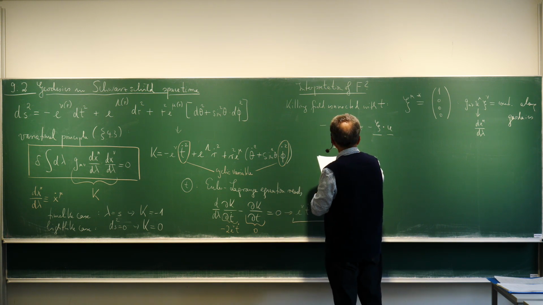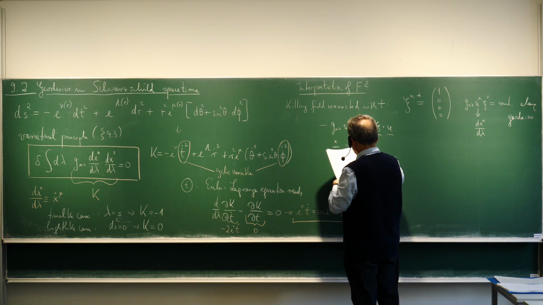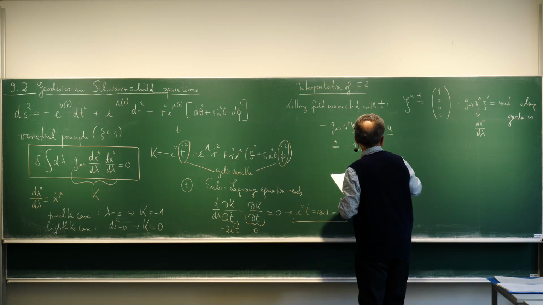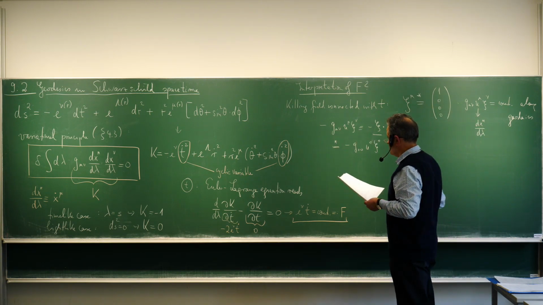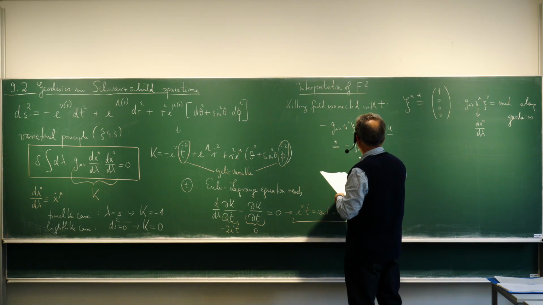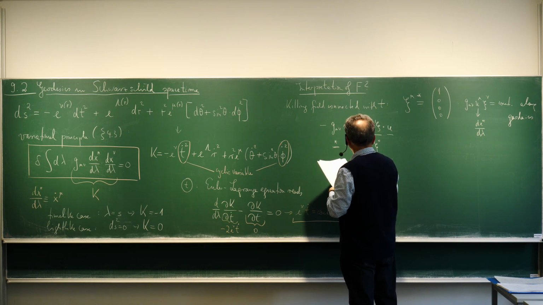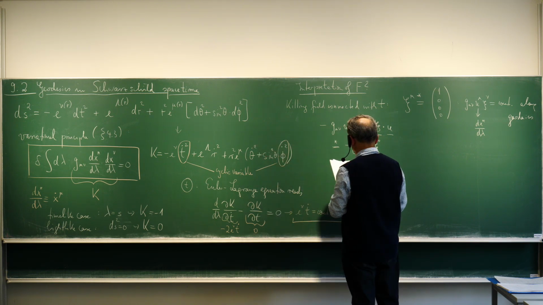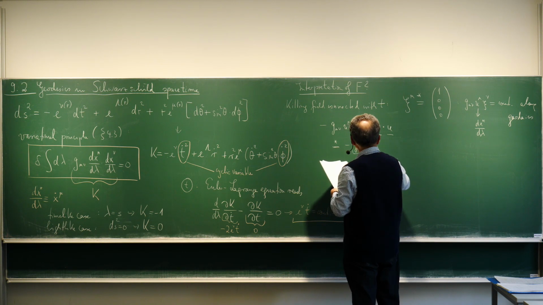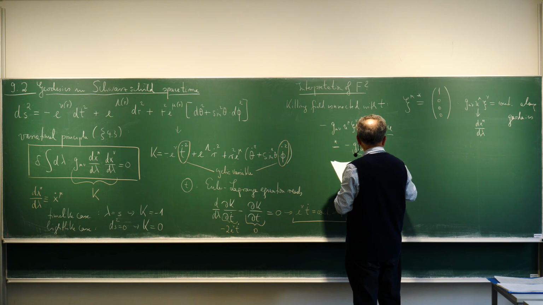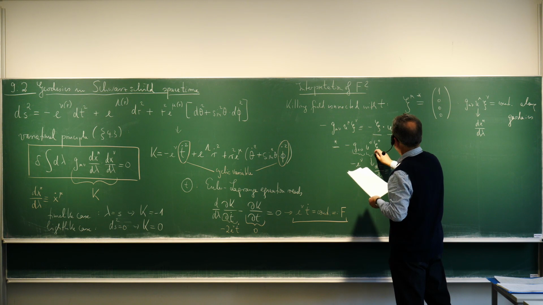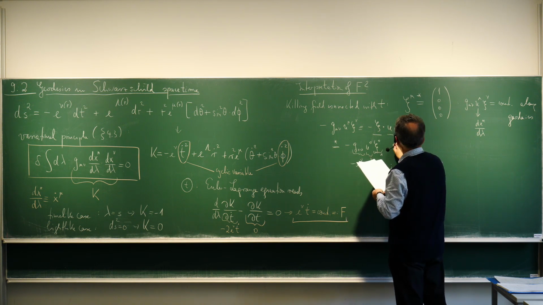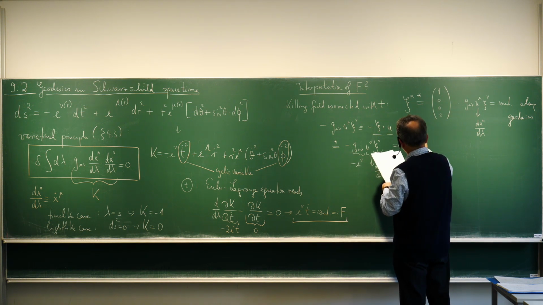Then this is minus g 0 0, u 0, xi 0, because this is the only non-vanishing component, and we only have diagonal components here. So this here is a minus e to the nu, as you can read off there. The u 0 is dt over d lambda, which is the same as t dot. And of course this xi 0 is 1. You directly see that this is 1, so this is e to the nu t dot.